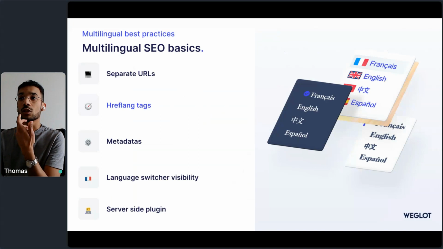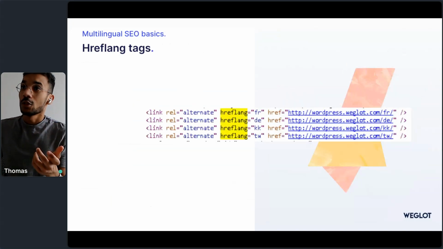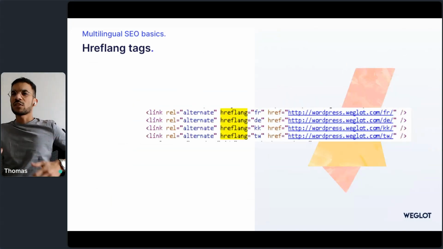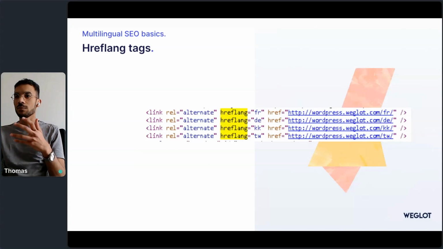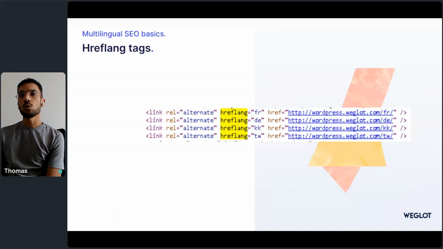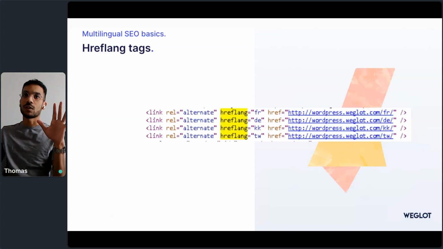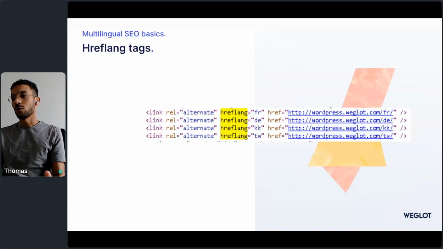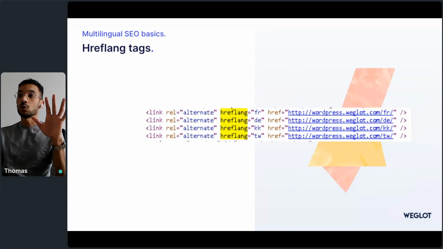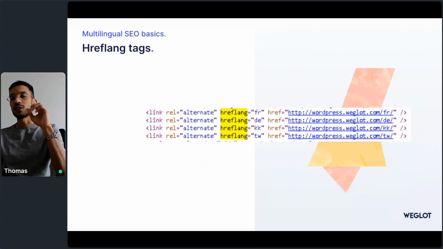And then we can talk about hreflang tags too. The hreflang tags can seem a little bit tricky. So here you have an example. And basically, you always want to make sure that it's in your header or your sitemap. If you have the Googlebot running around on the search engines, you want to make sure that it actually sees that your page is translated in this language and it's targeting this location.